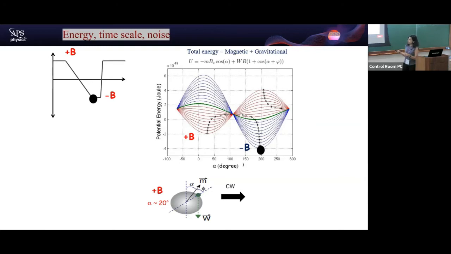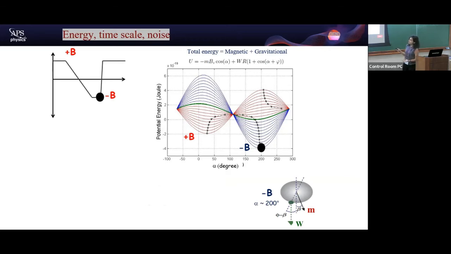Now I stay here for a while, and then I immediately change the field from minus B to plus B with some time. Now the particle is going there. In the energy diagram, it basically goes above, so now the particle is somewhere here.